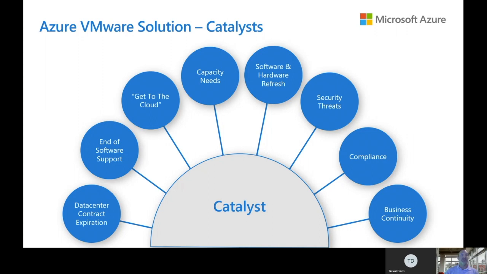So we're seeing customers not renew their data center contracts. End of software support. We just talked about Windows Server, SQL Server 2008. Those expirations of that software support is absolutely driving consumption of these services.